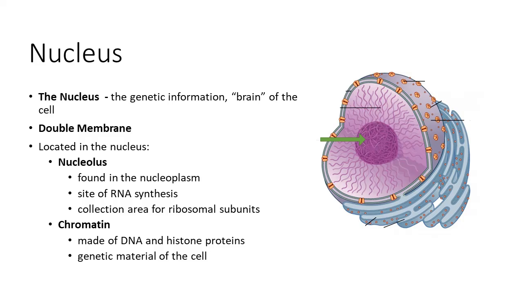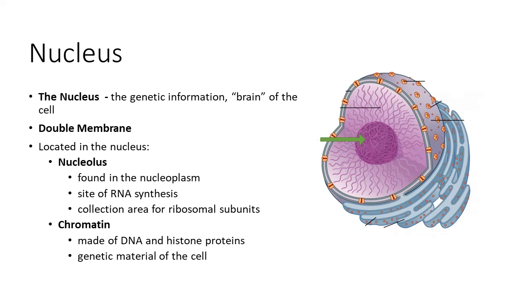It's that genetic material, and the chromatin ultimately is going to be twisted and turned into chromosomes. So within the nucleus, remember, it's double membrane. It's got the nucleolus where you do your RNA synthesis, and then it's got the chromatin, which is going to be that DNA and histone proteins.